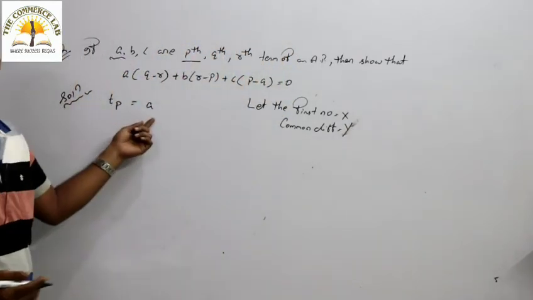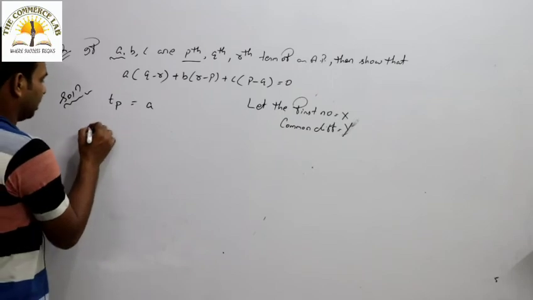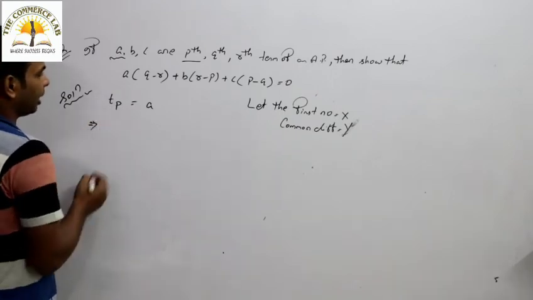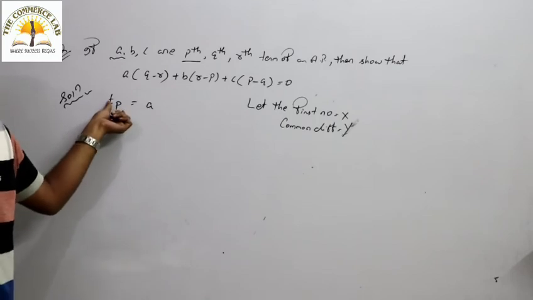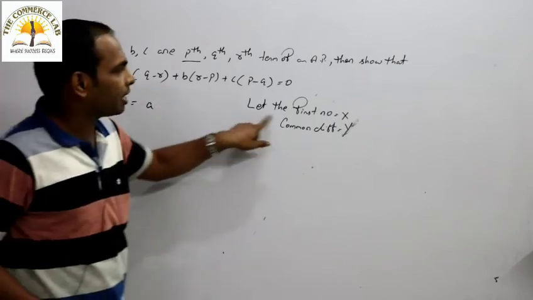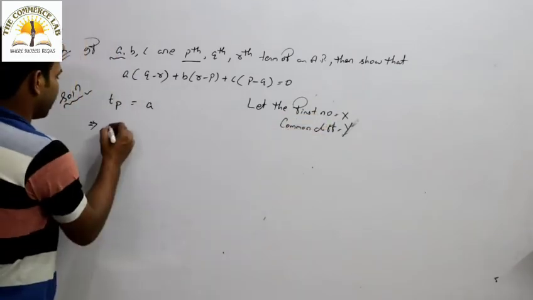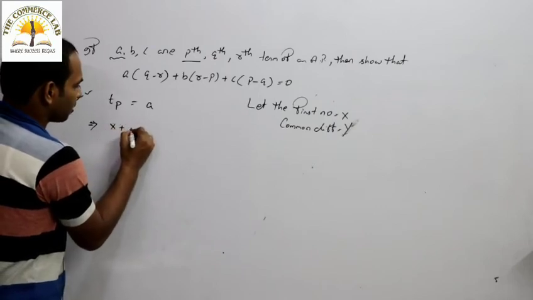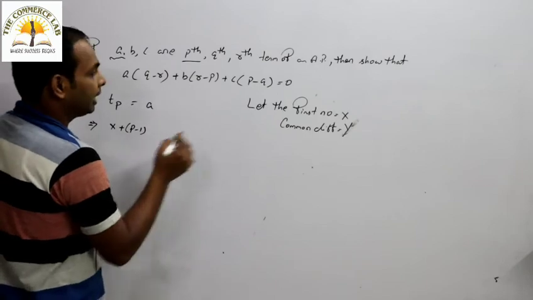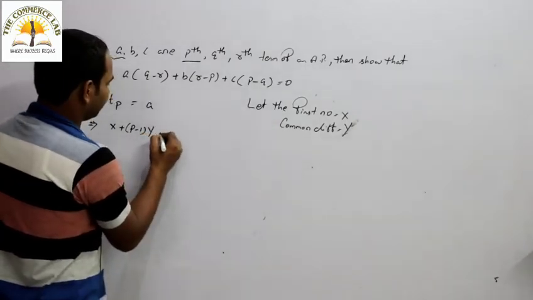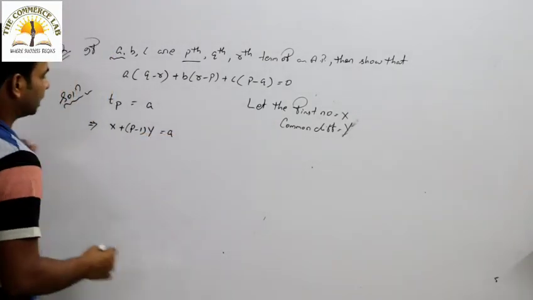So Tp is your a. That means it can be written as Tp equal to Tn equal to formula a plus n minus 1 into d. Here a is your first term, which is your x. So x plus (p minus 1) into y is equal to a.